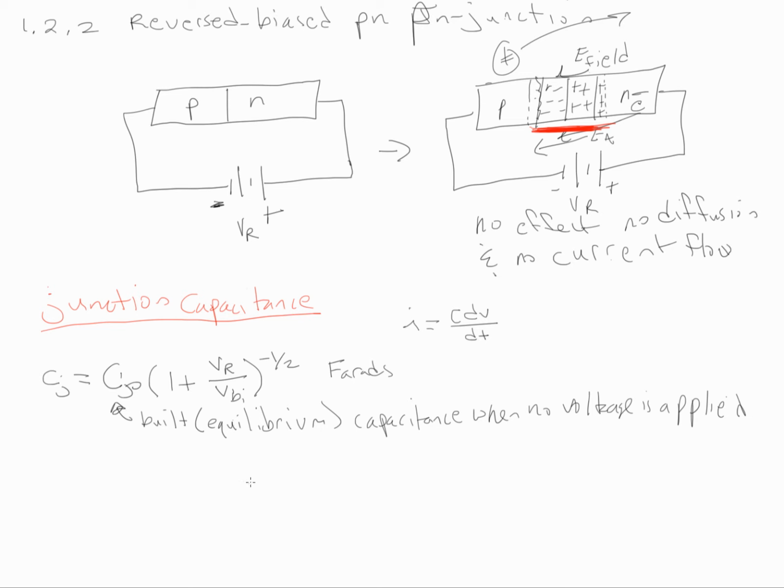And their symbol is a regular diode symbol with the capacitor symbol stuck right on the front of the diode. So again, this is called a varactor diode. The book just gives us a short blurb on it and says we'll get into it later.